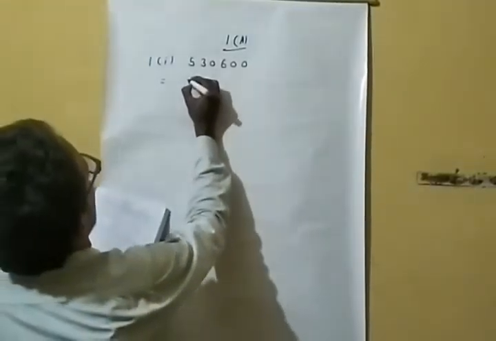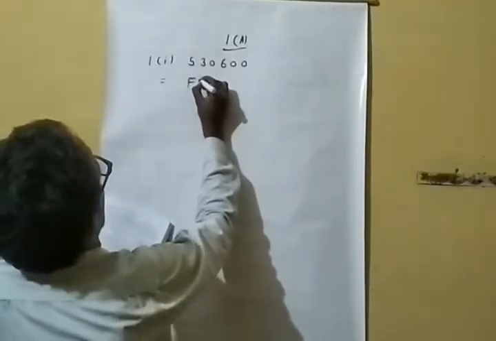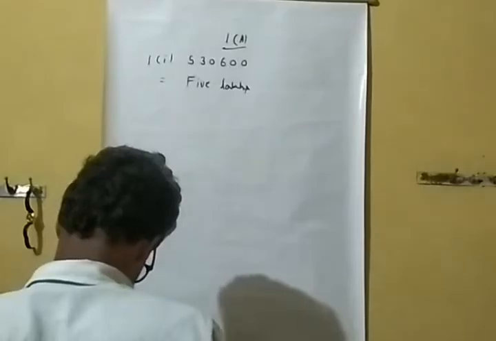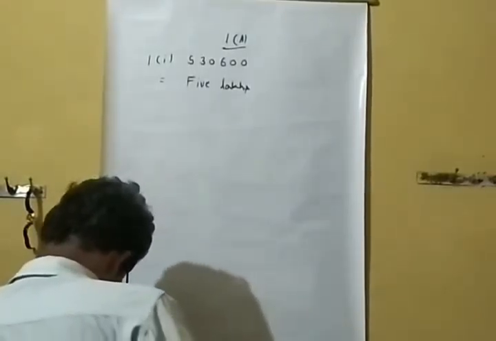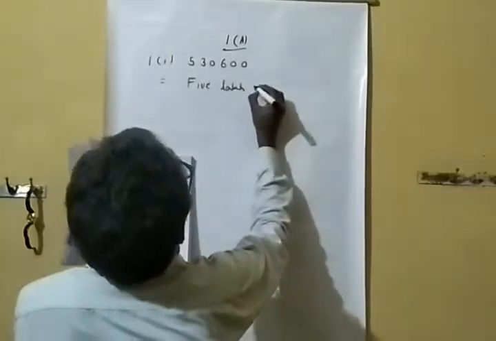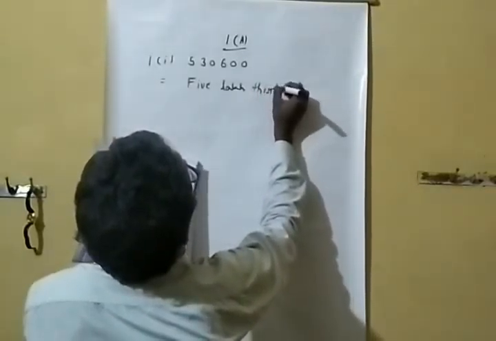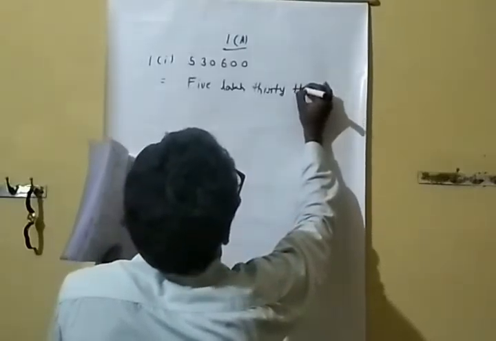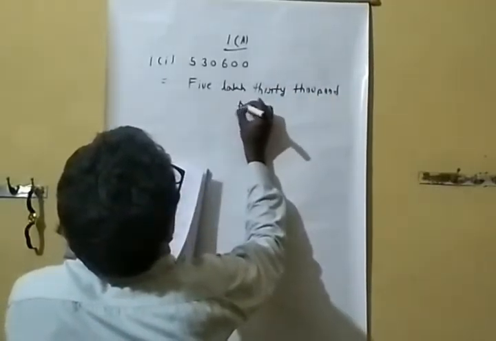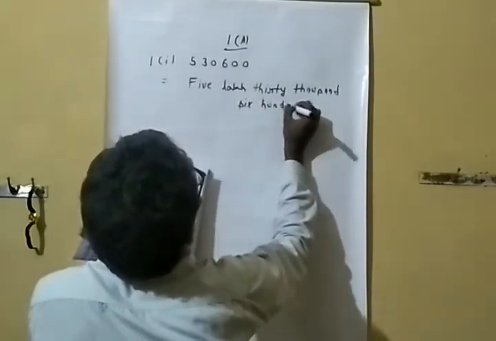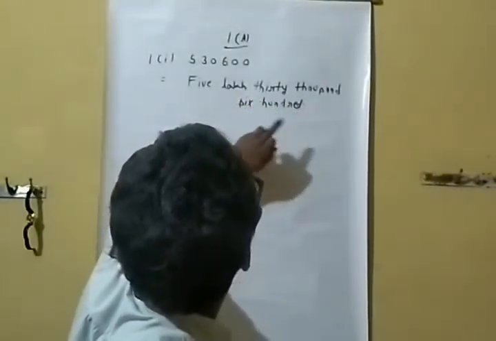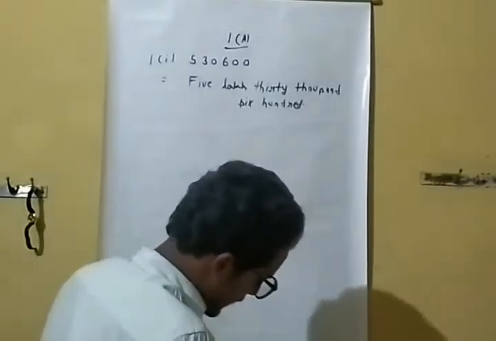So it is 5,30,000 and 600. I think you all got this. 5,30,000 and 600.